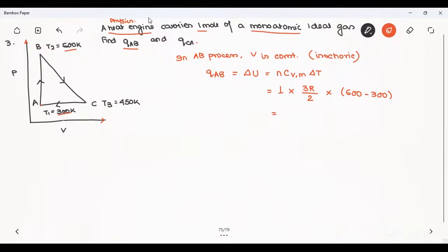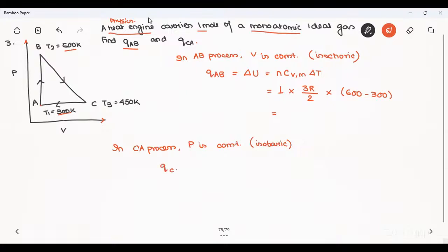Yes, ma'am. Good. Now, just tell me for CA, what is happening here? In the CA process, what is constant? P is constant. Very good. If P is constant, what is the name of the process? Isobaric. Good. So it is an isobaric process.